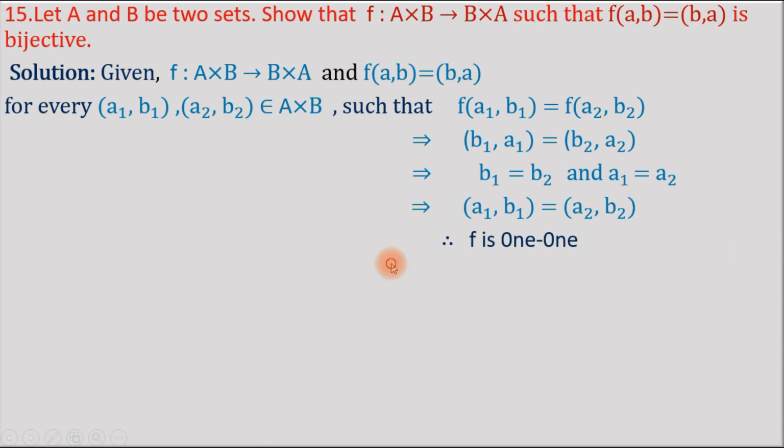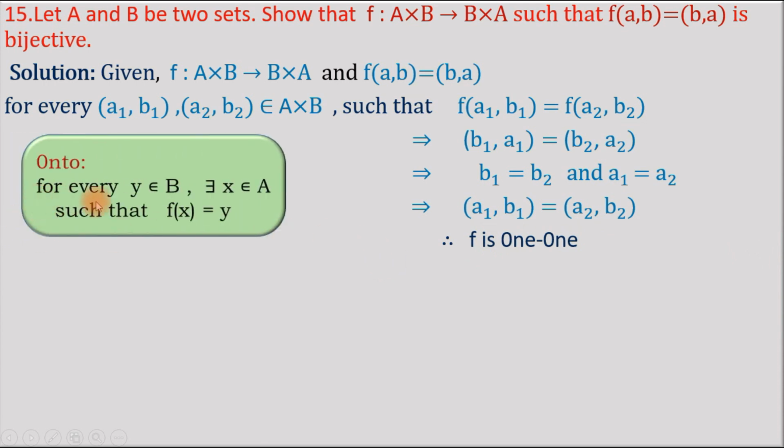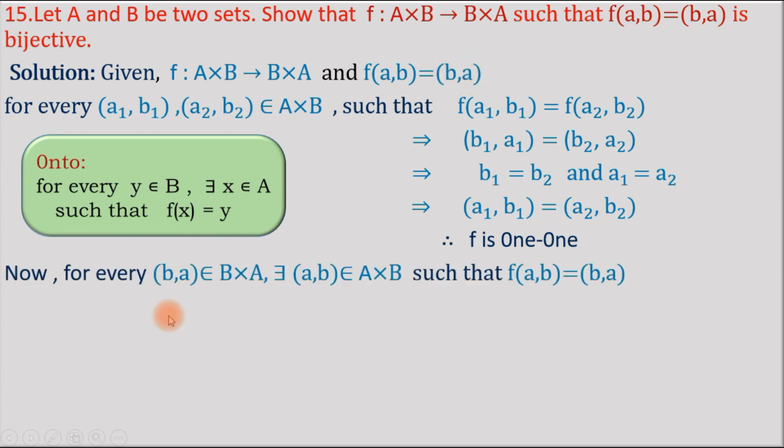Look at the onto condition. For every y belonging to the codomain, there exists x belonging to the domain such that f of x equals y. Here x is in the form of an ordered pair (a, b), and y is in the form of an ordered pair (b, a).